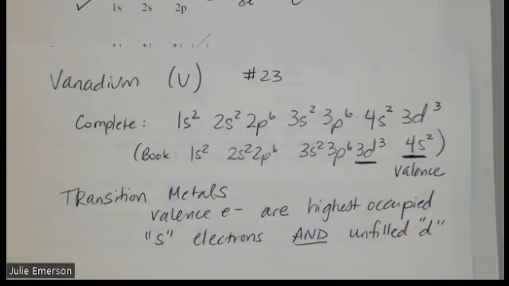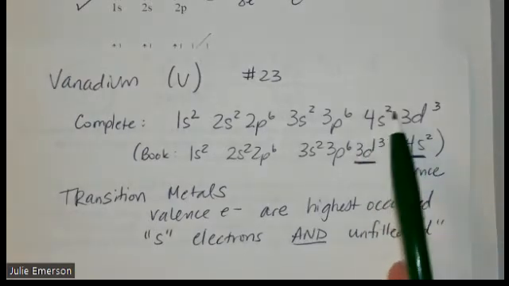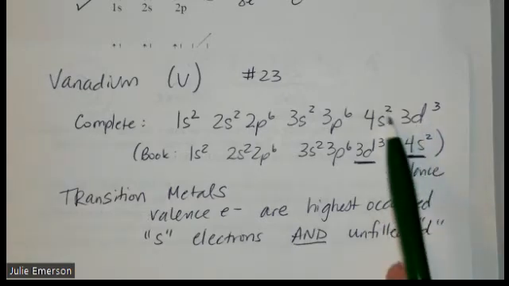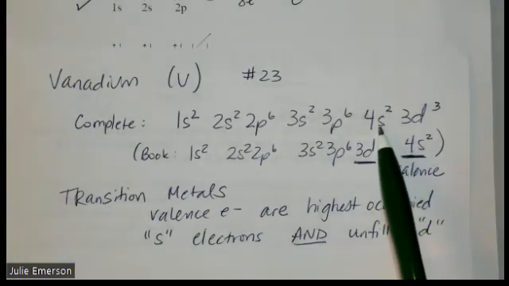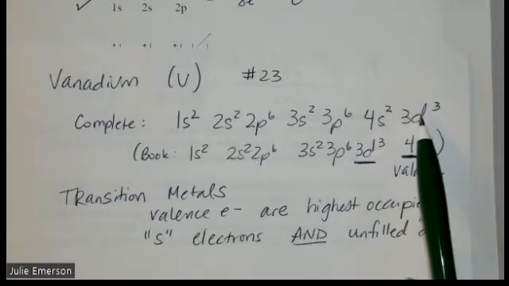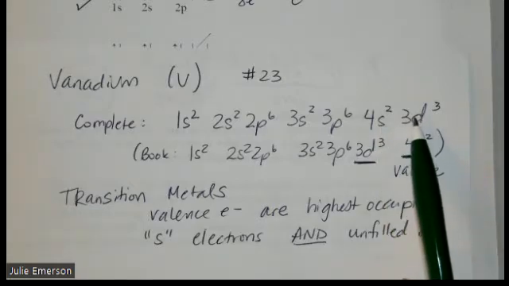So what happens with the electrons, the 4s, like we talked about, those fill before the 3d3. And when that filling happens, the 4s is lower in energy to start than the 3d. So the electron comes in and says, oh, I like the 4s better, so I'm going to go there, and then I'll start going into the 3d. And then as the d orbitals begin to fill, they actually lower in energy.